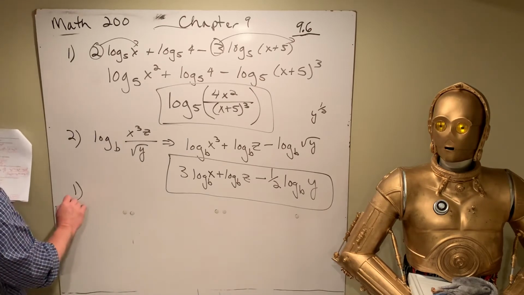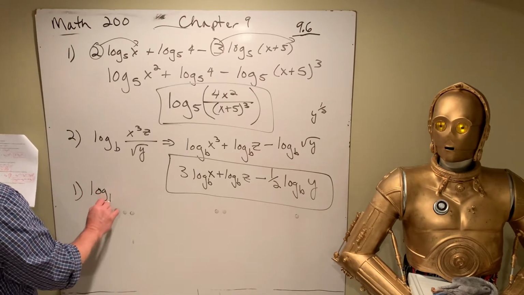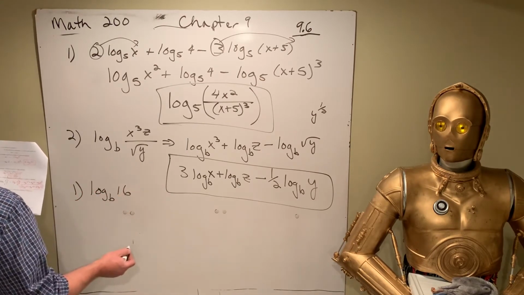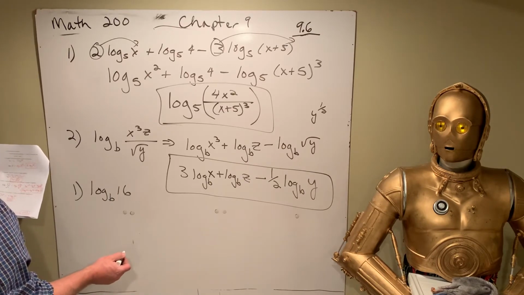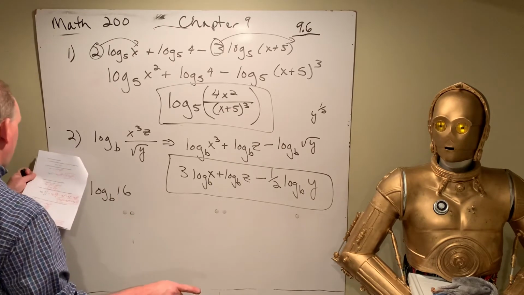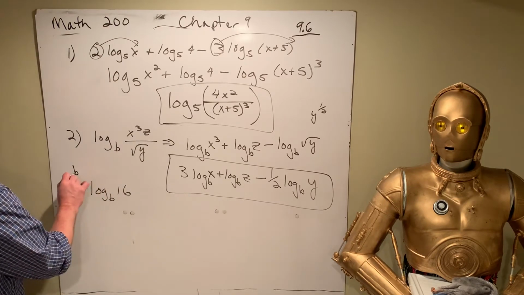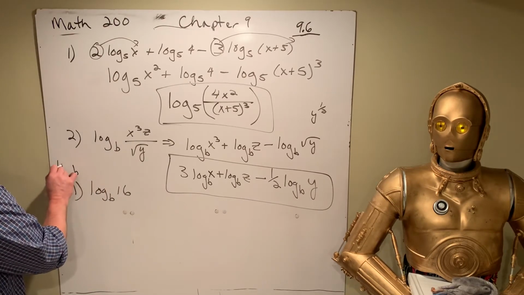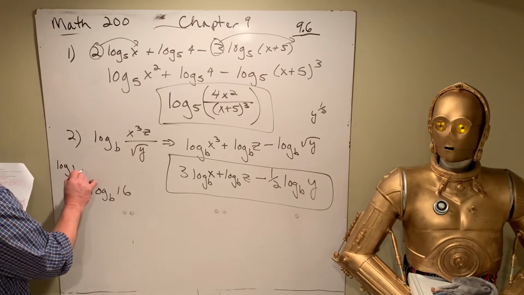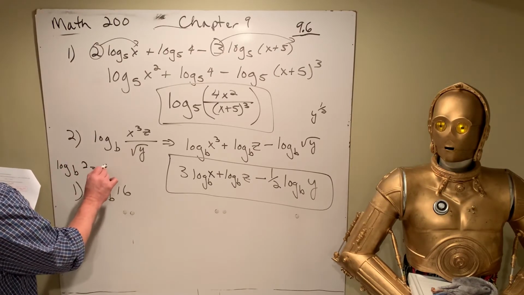Now they want us to do log base b of 16. But they told us, hey, you know that log base b of 2 is 0.43.